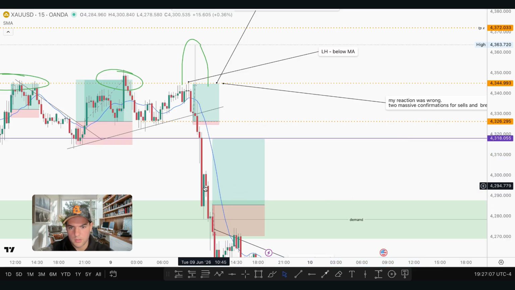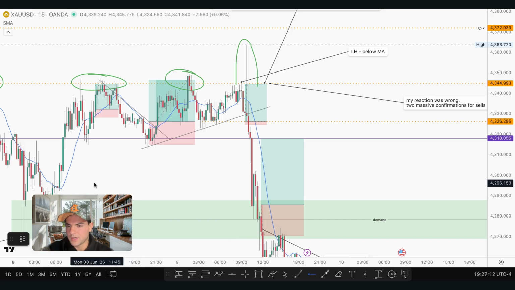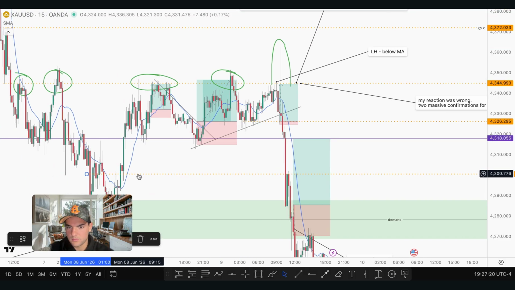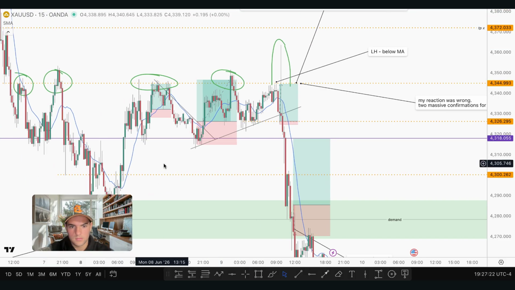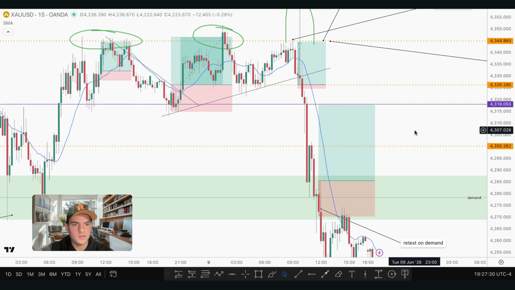This area is where I had basically my second order right here. We reversed, it was actually something like this. Yeah, from this area we have this touch, we have a couple of touches here, and then we just reverse from here, as you can see on the 15.